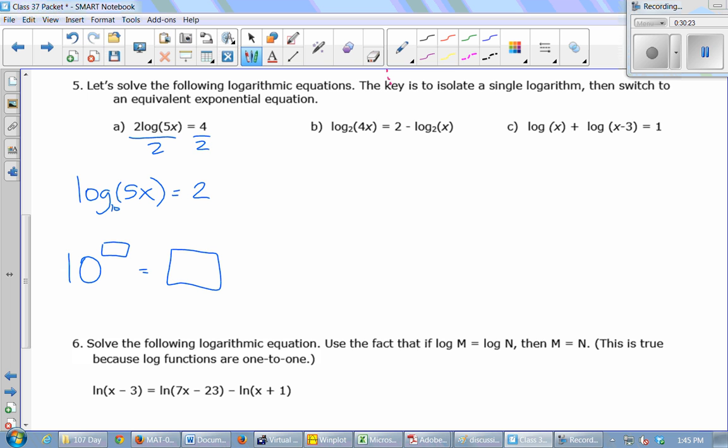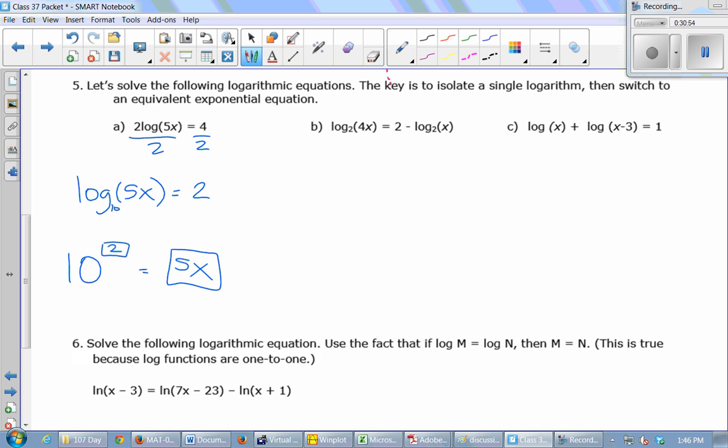Because my base in my log is my base in my exponential. And then my input and output in the log switch places for my exponential. So it was log base 10 of 5x equals 2. Now it's going to be 10 to the 2 equals 5x. When you don't have a base written, you assume it's a 10. Always. And when it's ln, you assume it's a log base e.